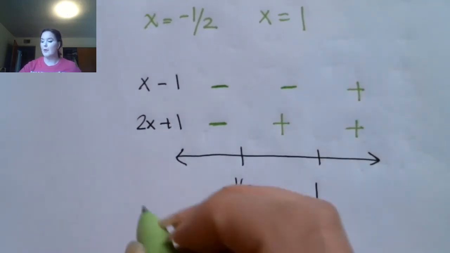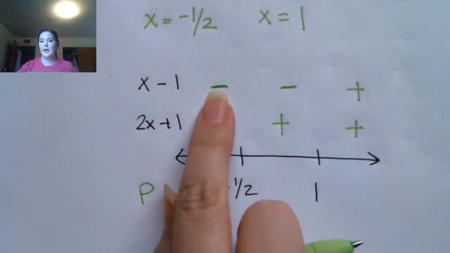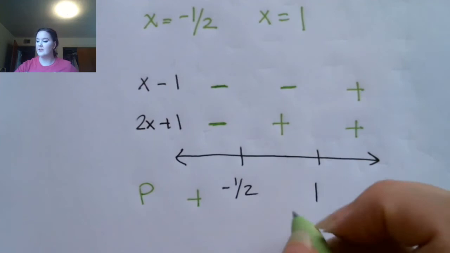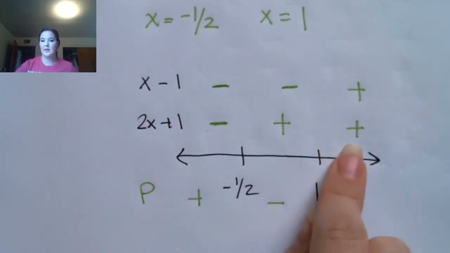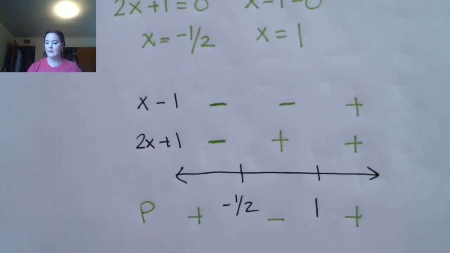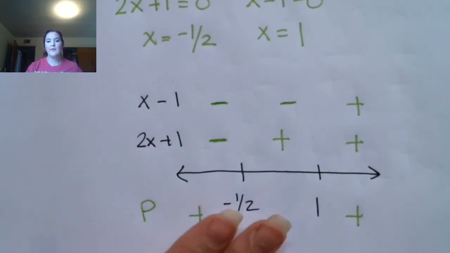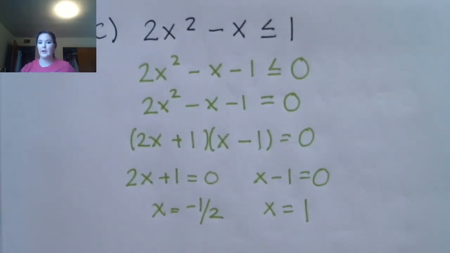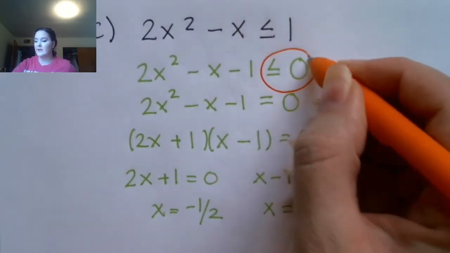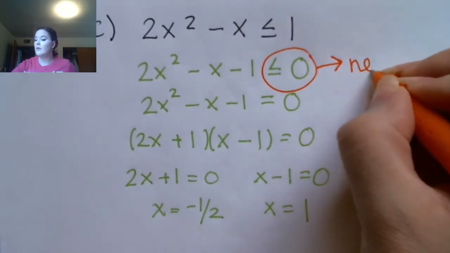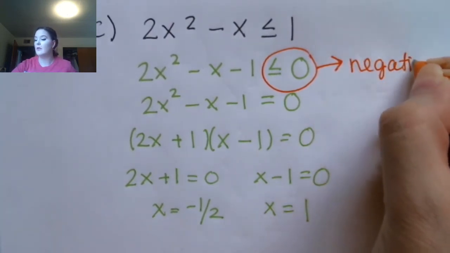Okay, so my product, negative times negative is positive. Negative times positive is negative. Positive times positive is positive. Okay. So once we have our sign chart all done, we're going to look at the inequality. Okay. And it says less than 0. So things that are less than 0 are negative.